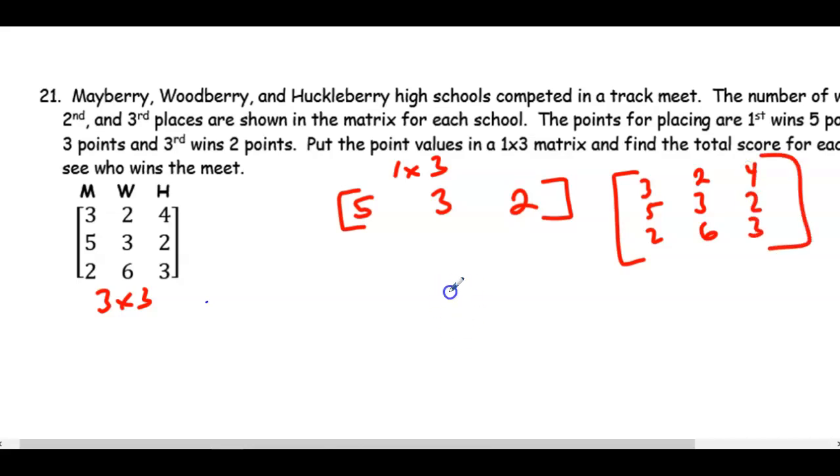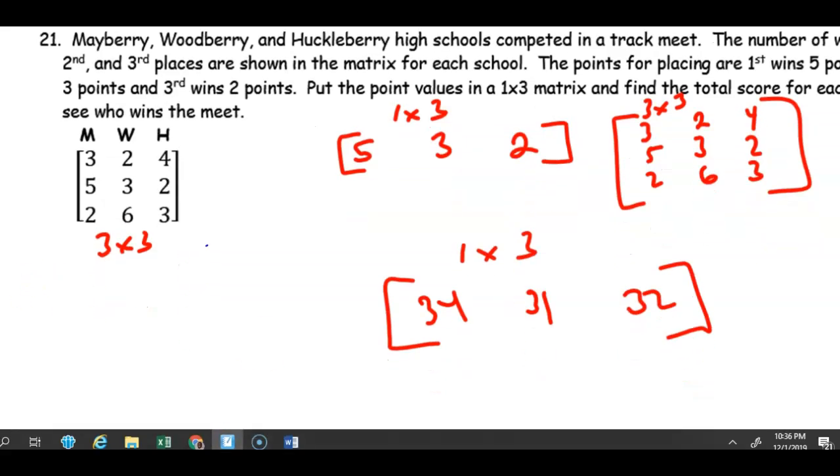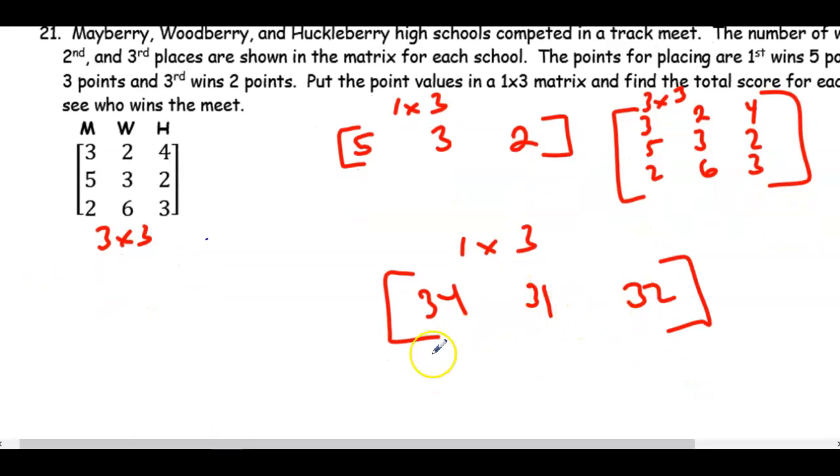Like that, because 1x3 times a 3x3 will give us a 1x3. That is our answer. So let's see what that's going to be. This is something you just punch in the calculator. So when I did it, that matrix times that matrix, I got 34, 31, and 32. So hopefully you check that. That should be what you have.